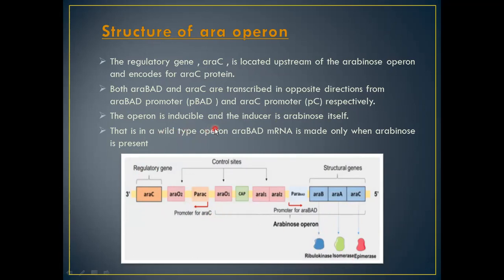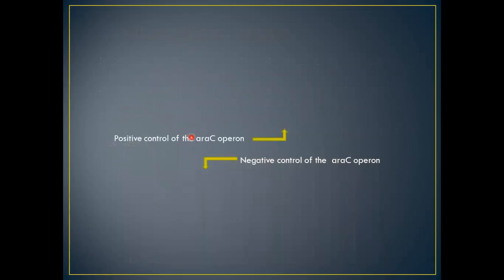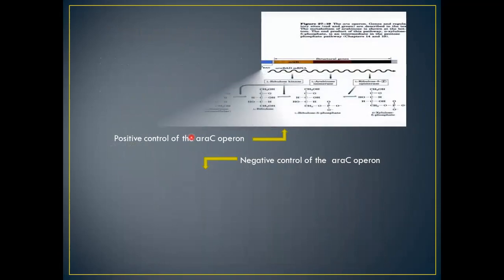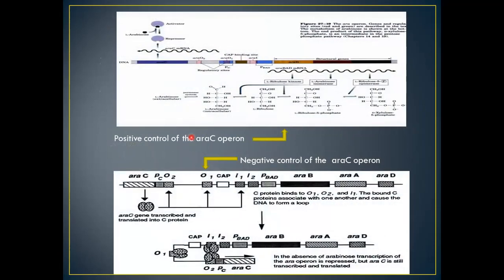The operon is inducible and the inducer is arabinose itself. That is, in this wild type operon, ara-BAD mRNA is made only when arabinose is present. We understood that there are two types of control, positive control and negative control of the ara operon.